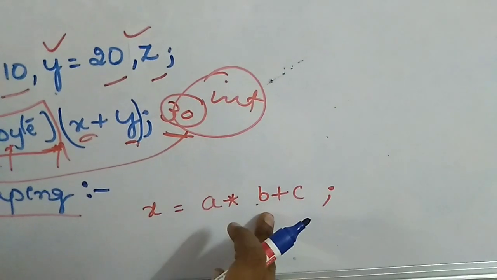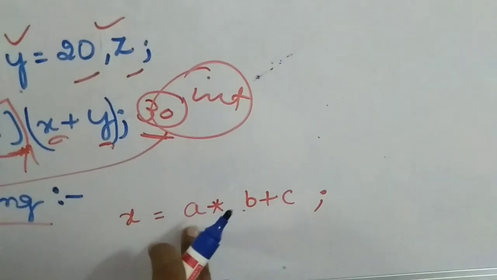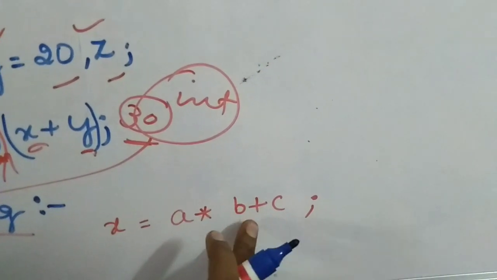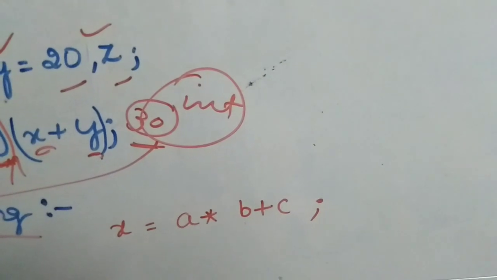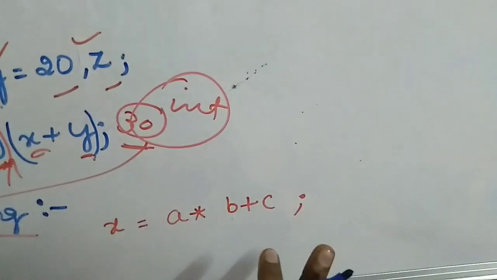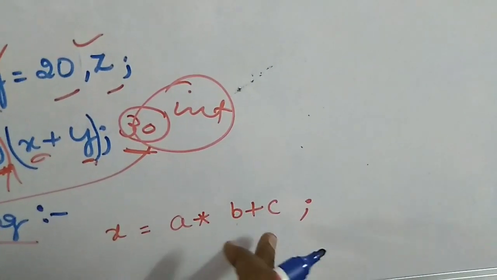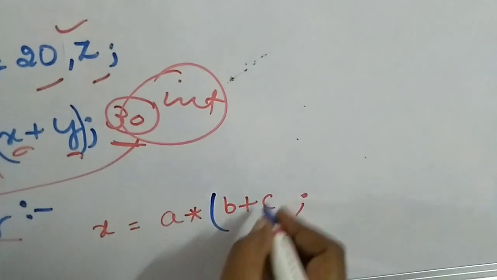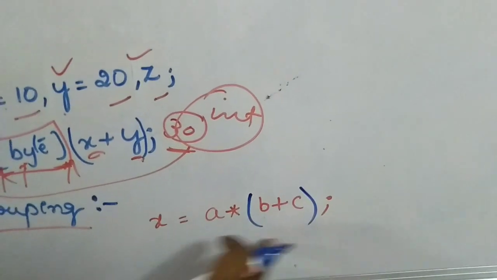So a into b will execute first because star has more precedence than plus, and then the result will be added to c. Say you don't want a into b to happen first, you want b plus c to happen first. In that case, you can give higher precedence to plus by putting it in parenthesis. So for this also you will be using parenthesis.